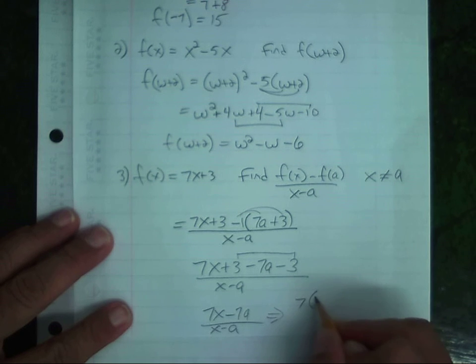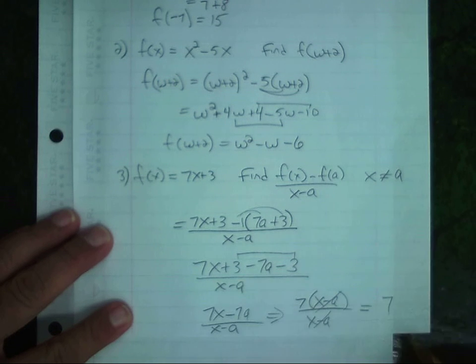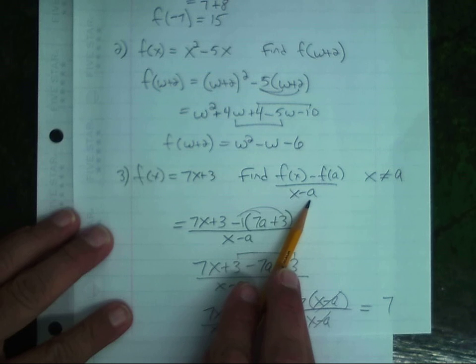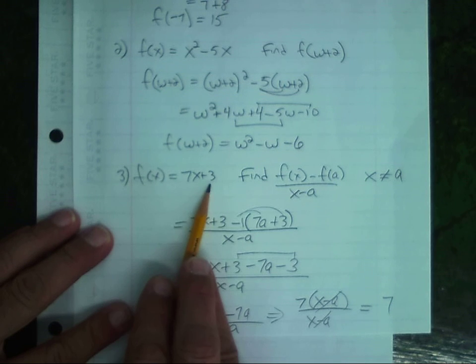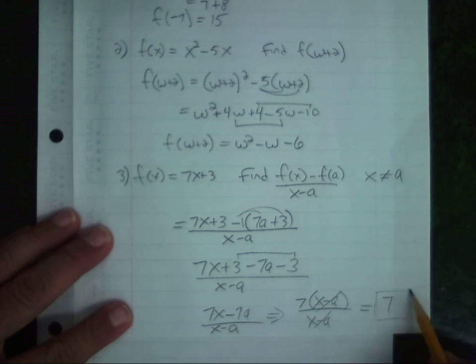Let's factor that out. X minus a over x minus a does cancel. So finding f of x minus f of a over x minus a, where f of x is 7x plus 3, we find out that that evaluates to be 7, and that is the answer to that example.